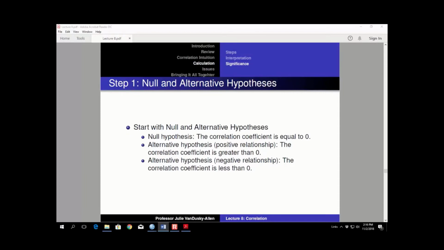The alternative hypothesis is either the correlation coefficient is greater than 0 if you expect a positive relationship between your two variables, or the correlation coefficient is less than 0 if you expect a negative relationship between your two variables. Remember that a positive relationship implies that as the independent variable increases, the dependent variable increases, and a negative relationship implies as the independent variable increases, the dependent variable decreases.